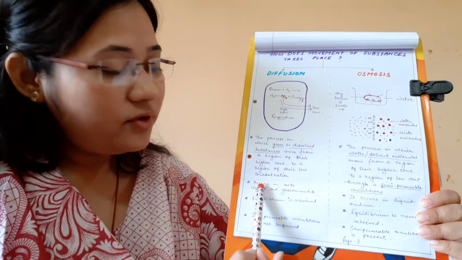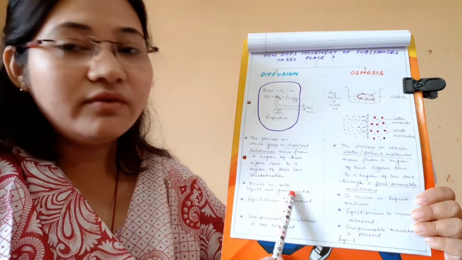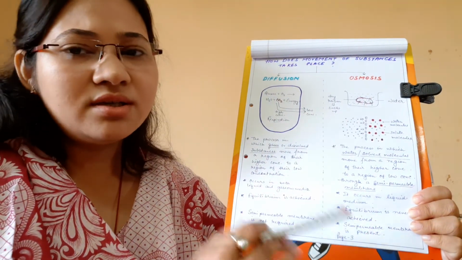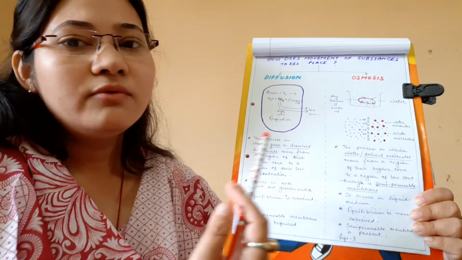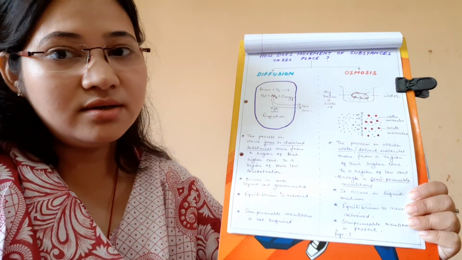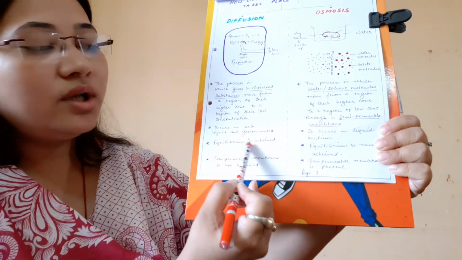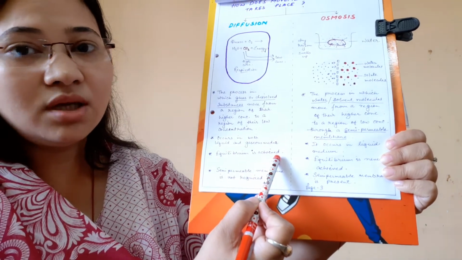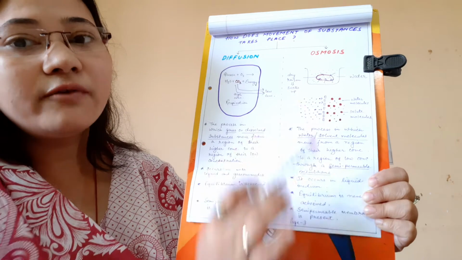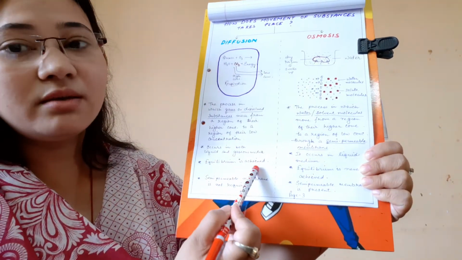Now, diffusion occurs in both liquid and gaseous medium. Okay, that means both liquid and gaseous molecules are free to move in and out of the cell according to their concentration gradient. Also, equilibrium is achieved after some time because the molecules are freely diffusing in and out of the cell. So, after some time, equilibrium can be achieved.